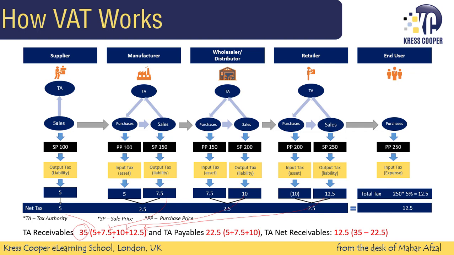So the government has a right to receive 35. The government has an obligation to pay 22.5. What is this 22.5? 5, 7.5, 10. So how much is the net receivable? 12.5. This is how the VAT mechanism works.